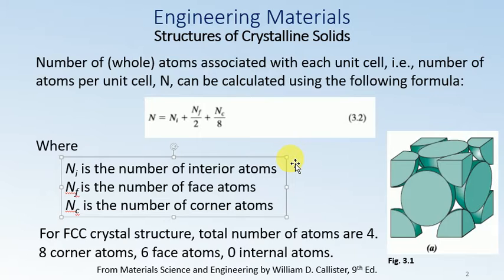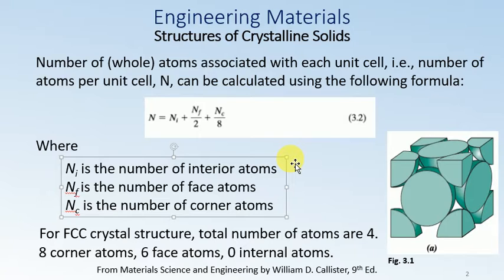If you look at figure 3.1a on this slide, on the very right down corner, you can see that there are 8 corner atoms.